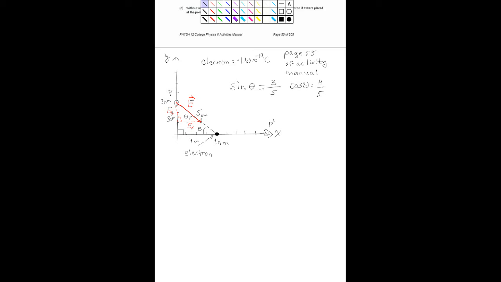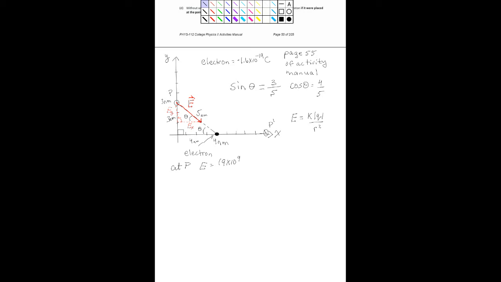So remember the equation for the magnitude of the electric field. The magnitude is equal to K times the magnitude of our charge divided by our distance squared. Okay, so for our problem, the electric field at P is equal to K, which is 9 times 10 to the 9.